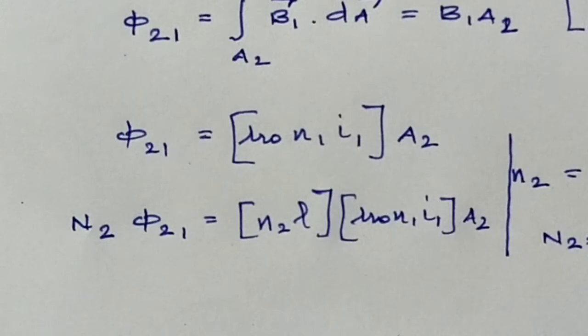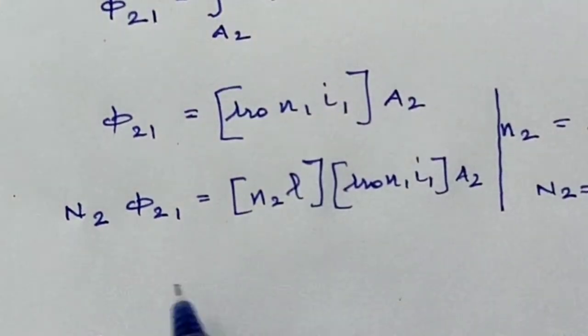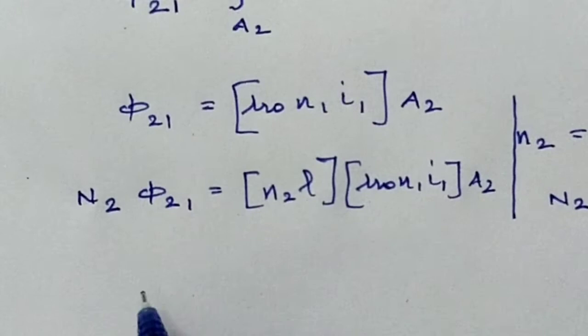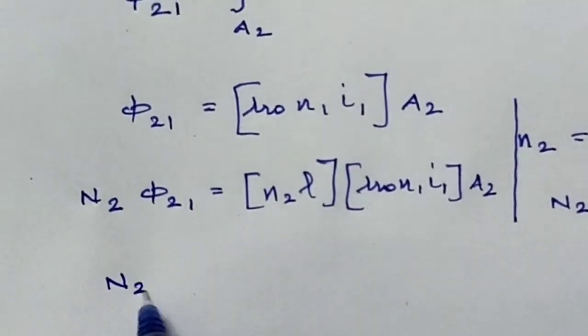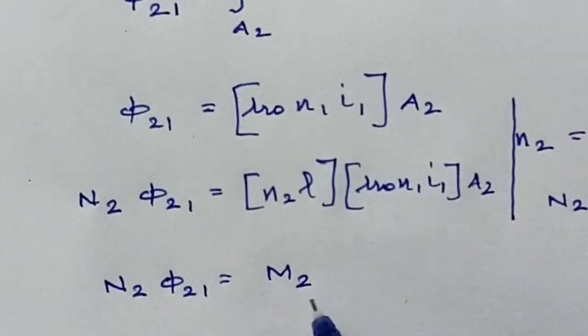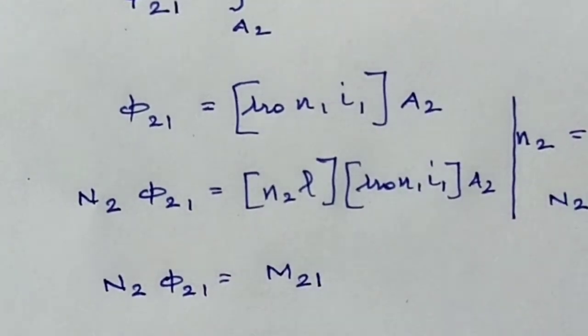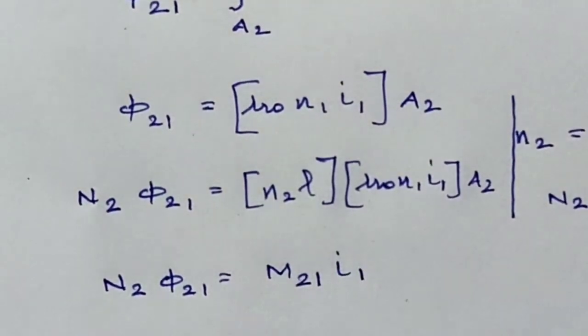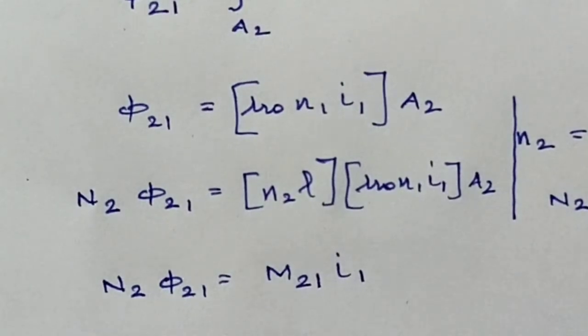Now moving to the mutual inductance M21 of solenoid 2. We already know the flux linkage N2 phi21 equals M21 I1, the mutual inductance of the second solenoid with respect to the first solenoid, where I1 is the current passing in solenoid 1.